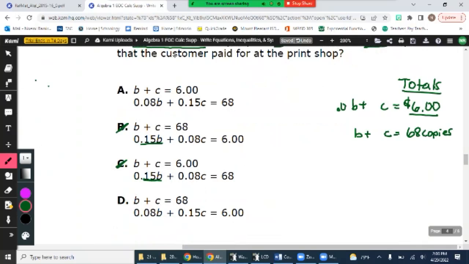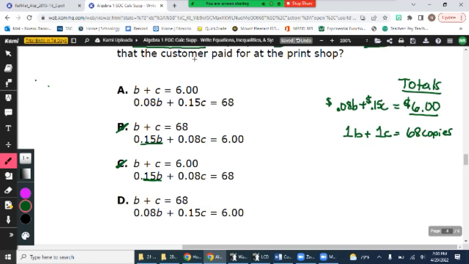We attached 0.08, 8 cents, to B and 15 cents, 0.15, to C. I didn't find anything else about there being so many black and so many color copies. So because I don't have a number here, what number would I attach? Because I couldn't find those numbers, I would attach one certain number, which is 1.